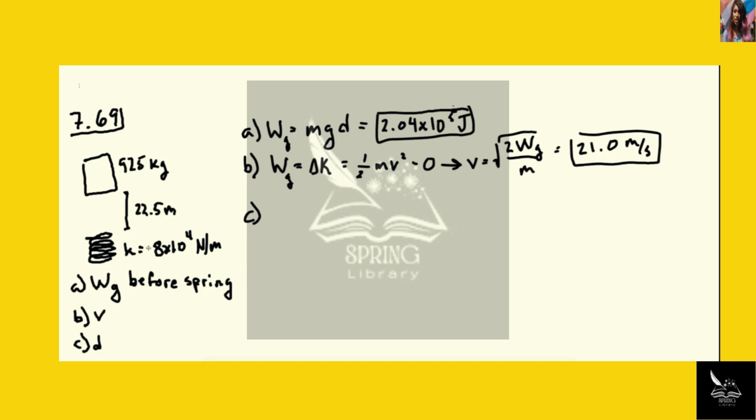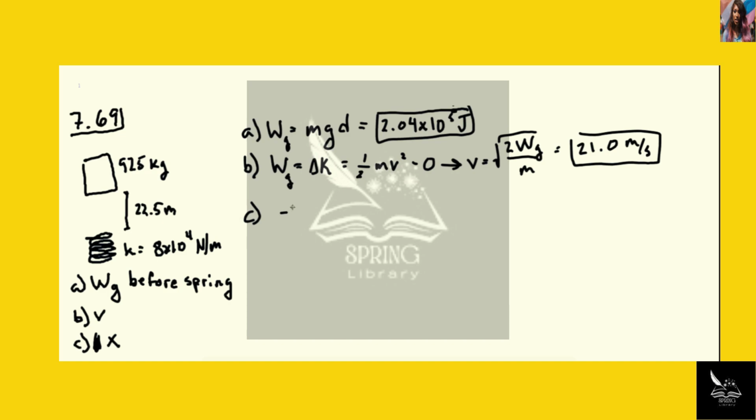So gravity is doing positive work the whole way as it falls 22.5 meters, and then whatever that compresses it, let's call it x. We already used d. We usually use x for spring compression anyway. And then the spring's going to do negative work on the elevator to remove kinetic energy from it and store it in the spring.